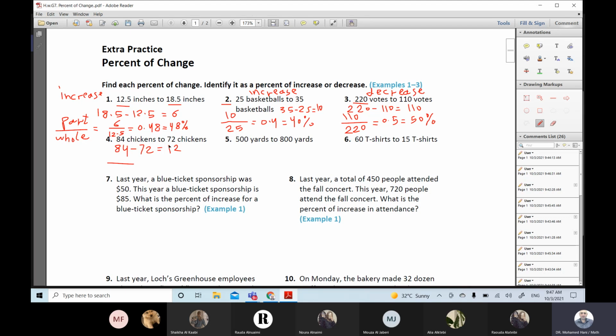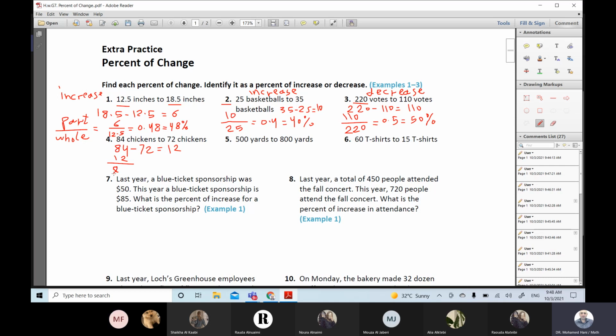Then use the rule, the part will be 12. Who can tell me here what is the whole, what is the original number? 72 or 84? 84.